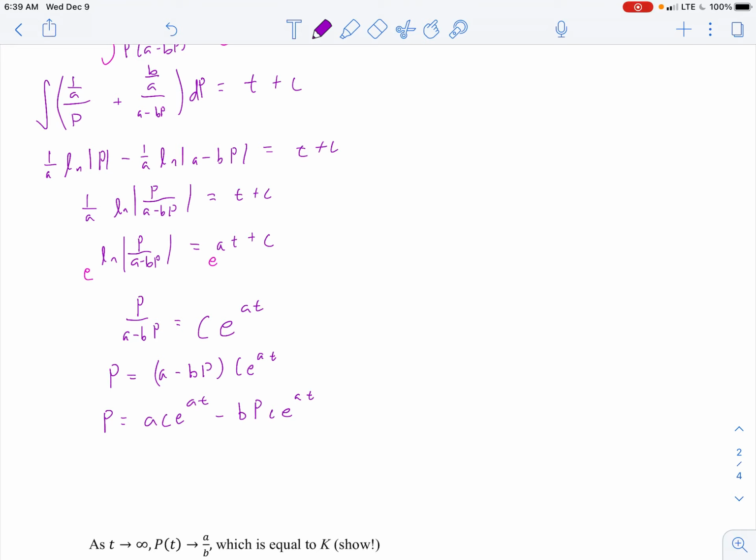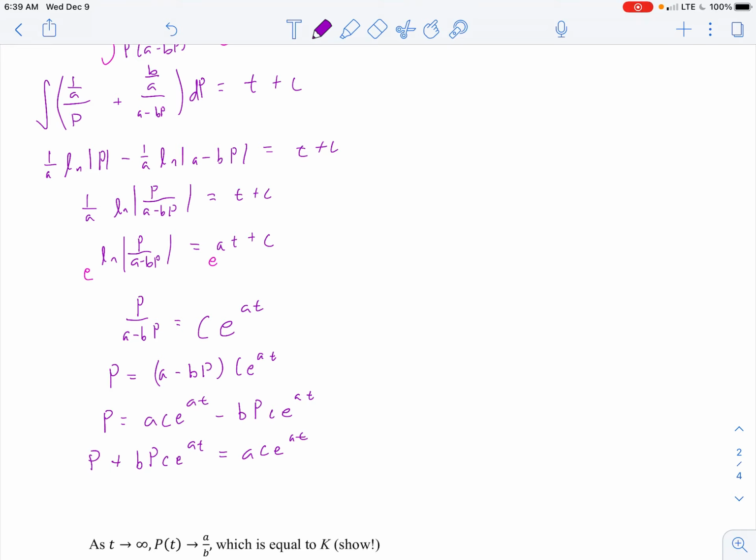Now, I'm going to go ahead and bring that back over to the left, the term that has the p. So p plus b p c e to the at is equal to a c e to the at.